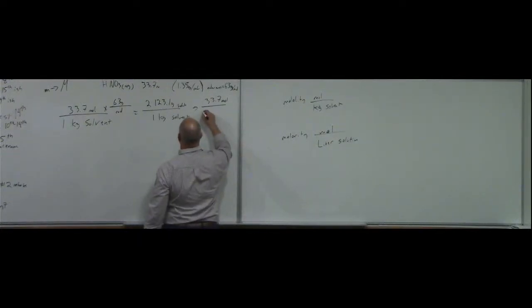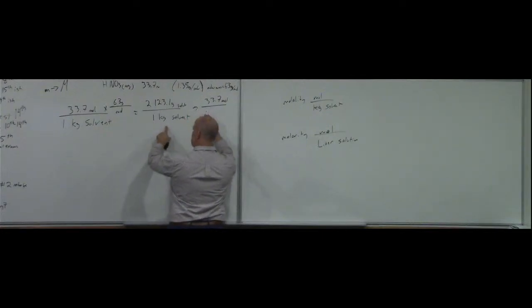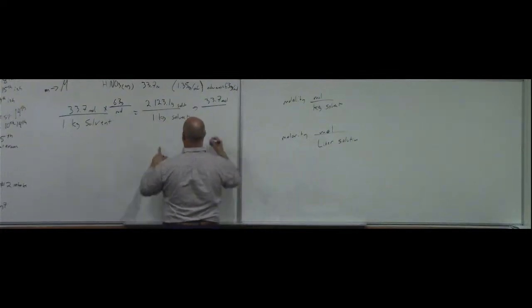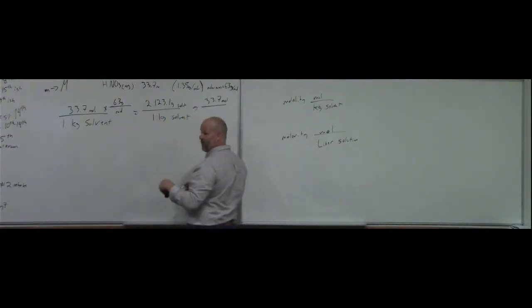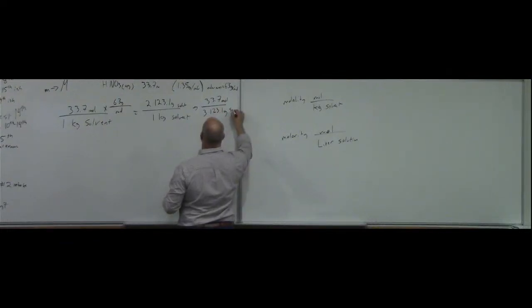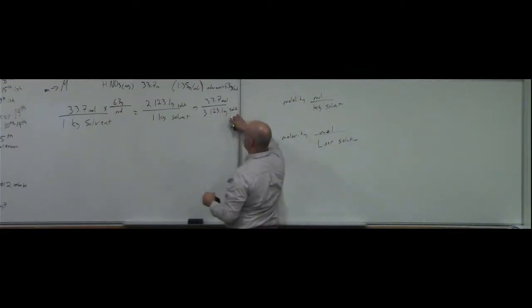So I know my mass of my solution is 2,123.1 plus 1,000 grams of solvent. I'm going to go that way so that I can get in the right units, because I need grams when I do my density. So this is going to give me 3,123.1 grams of solution, right? Well, now I've got moles per solution mass.